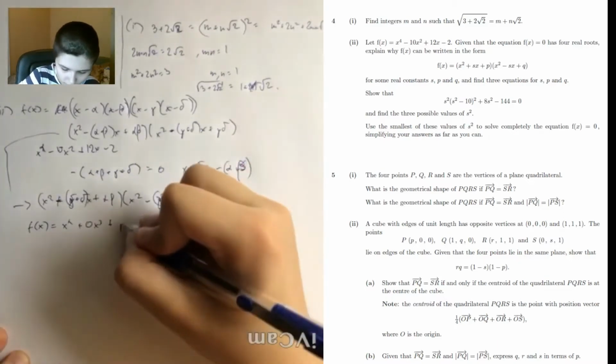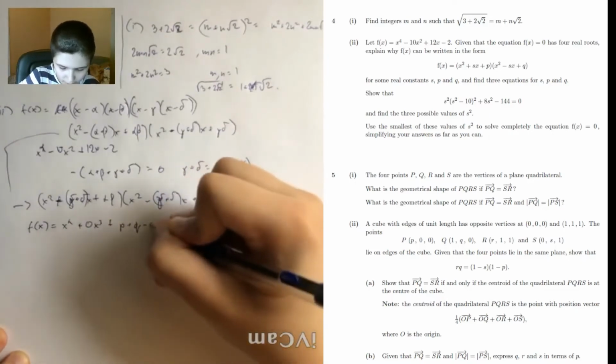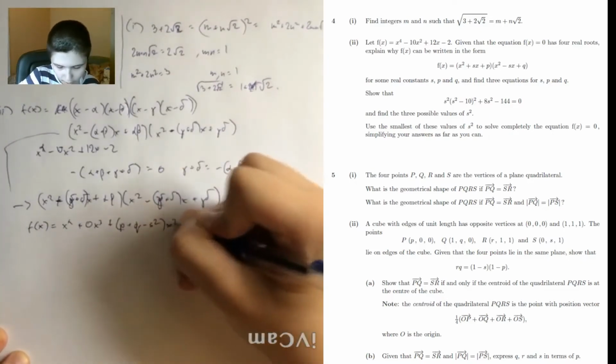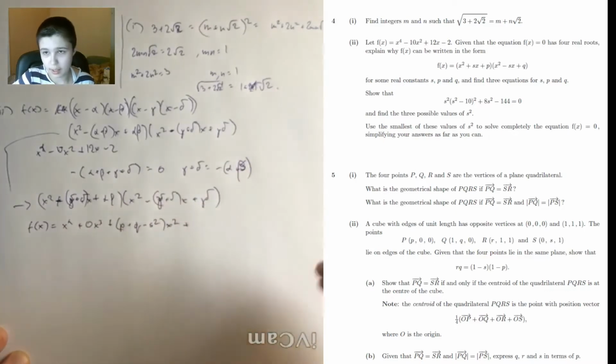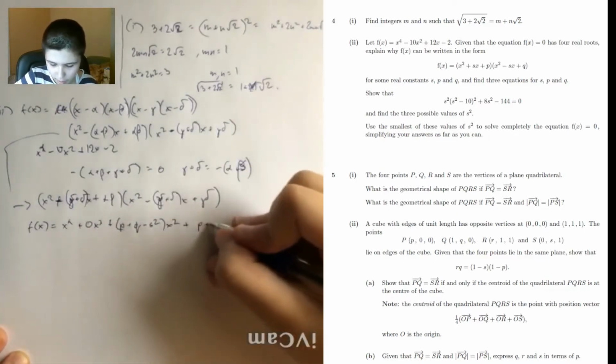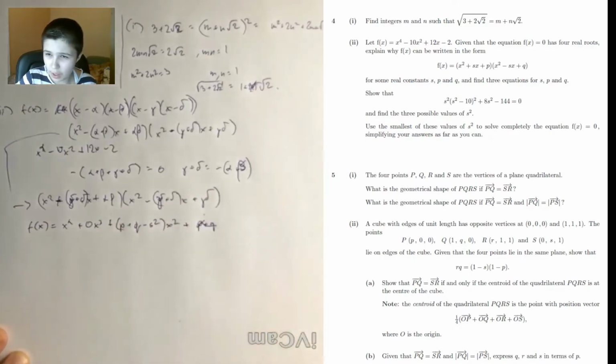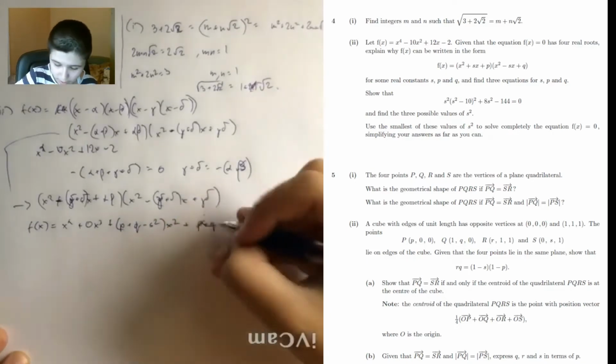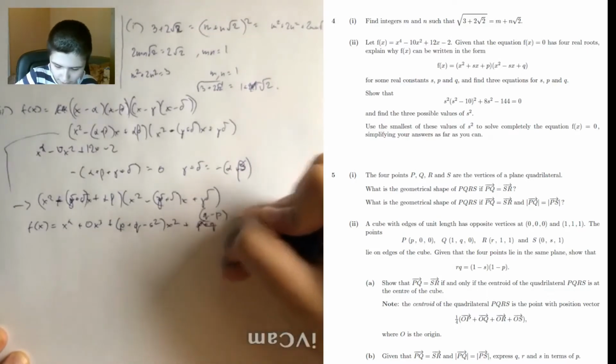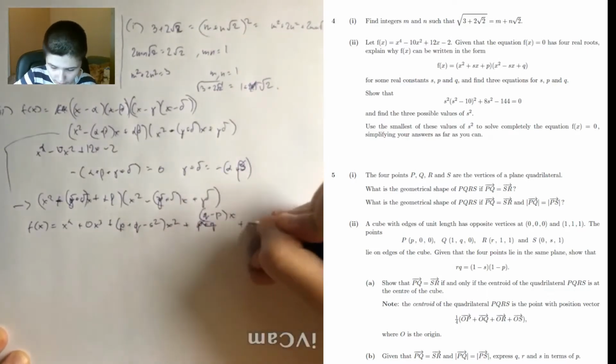Plus, how many x squared we have: (p plus q minus s squared) x squared, plus (sq minus sp) x plus pq.